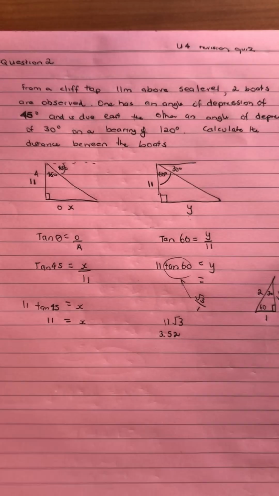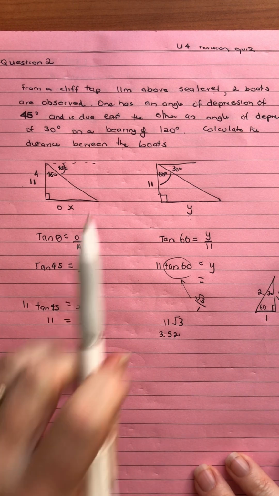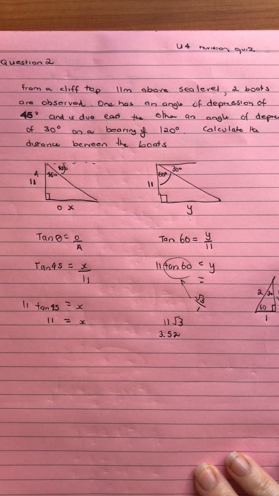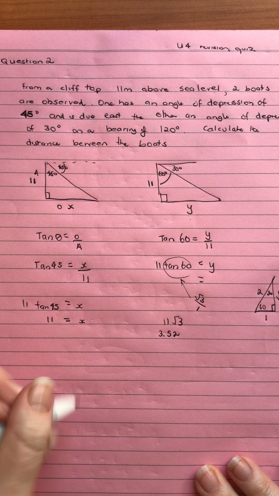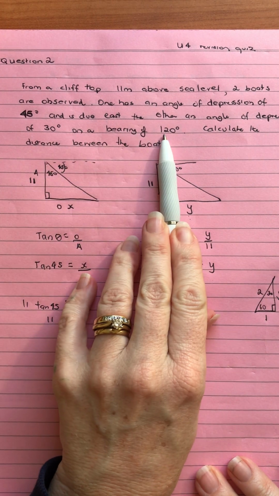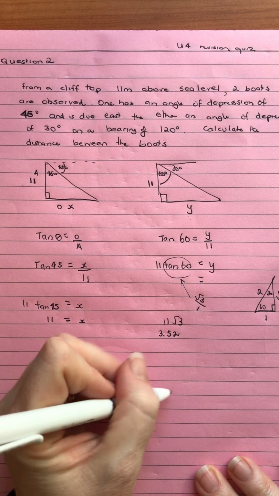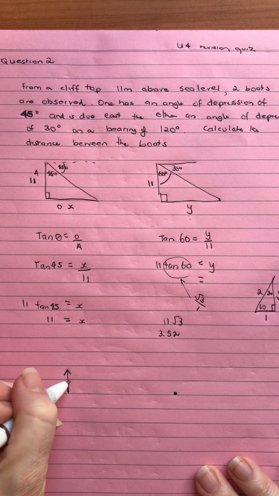So now we've got those distances on the ground, and we're going to try and work out the distance between the two boats. We're told that one is due east, and the other is at a bearing of 120 degrees. So when we draw that, we've got one over here east, and the other has the 120.